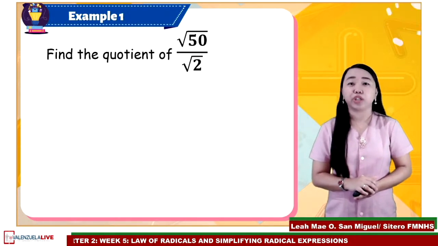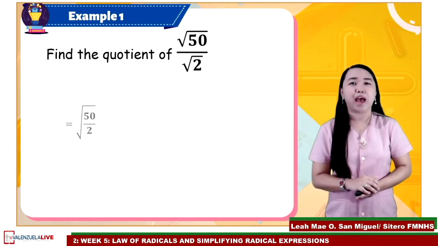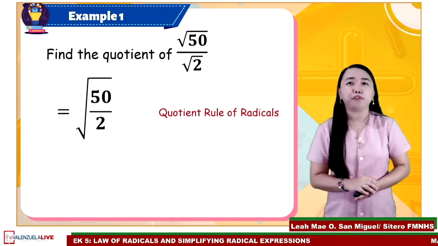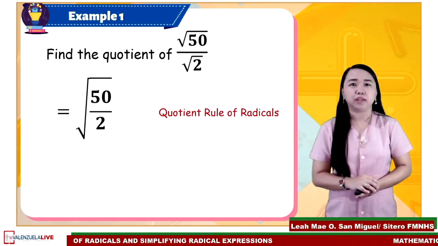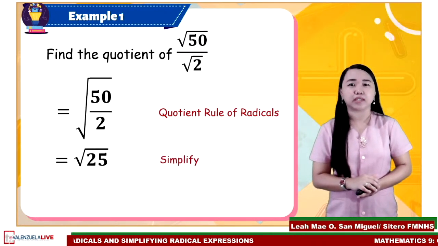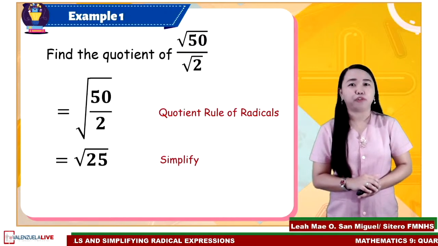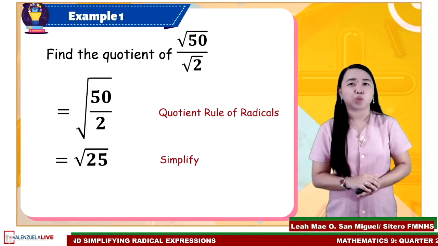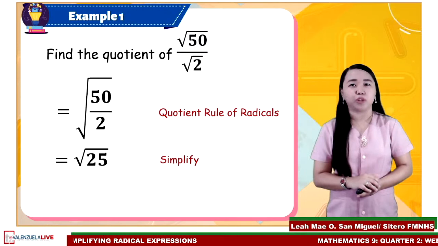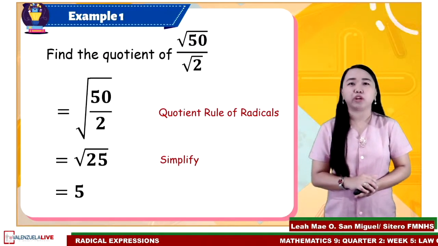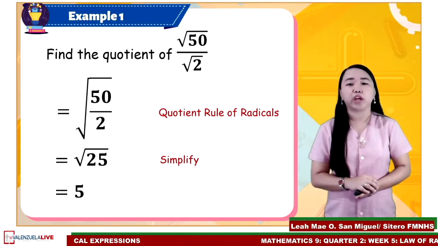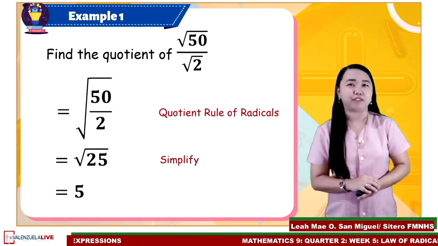Applying the quotient rule of radicals, we will have square root of 50 over 2. Square root of 50 divided by 2 is square root of 25. Square root of 25 is equal to 5. So the quotient of square root of 50 over square root of 2 is 5.